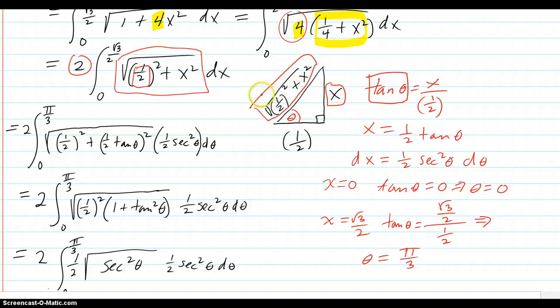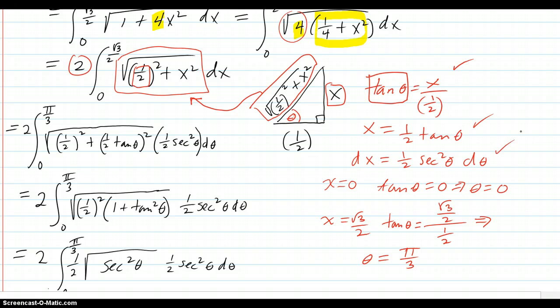So this is matching up to your integrand. For that to happen, you need to have x divided by 1/2 to be the tangent. So tangent theta equals x divided by 1/2, so x is 1/2 tangent theta, so dx d theta is 1/2 secant squared theta.